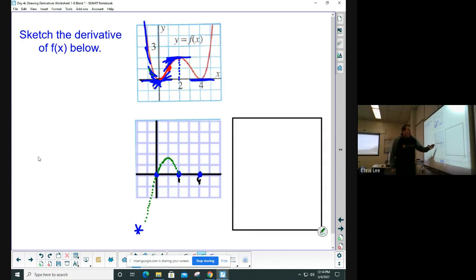Now, how high that bump is, you could, if you wanted, actually go off, and I'll erase some of these, and draw a secant, something like that, and actually measure the slope. So you could go off and say, okay, I'm going up 2 and over less than 2, so I'm going to guess that it's about a slope of 3.